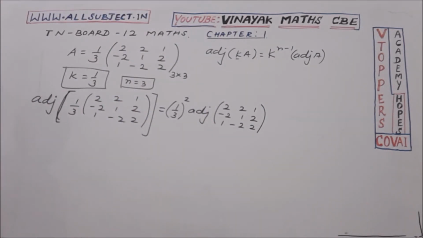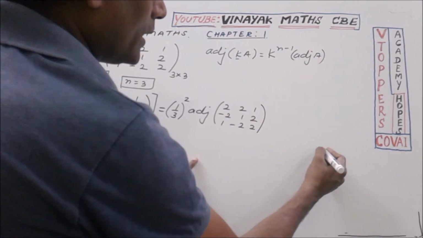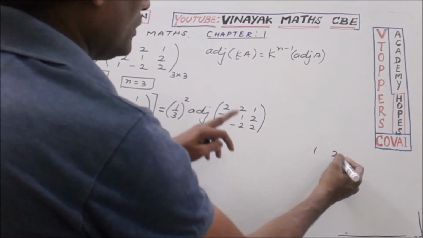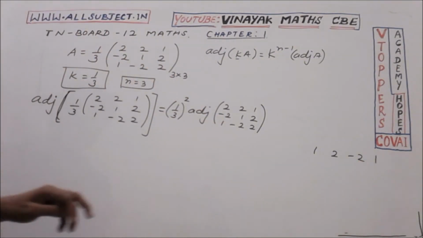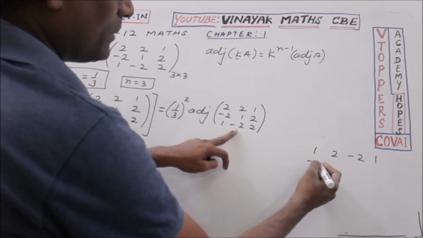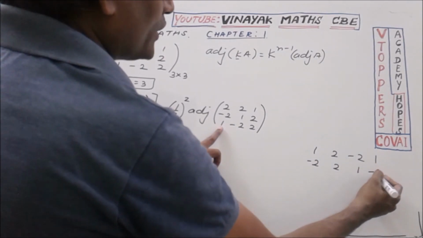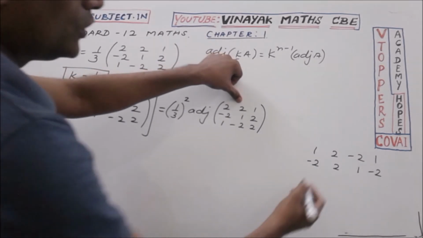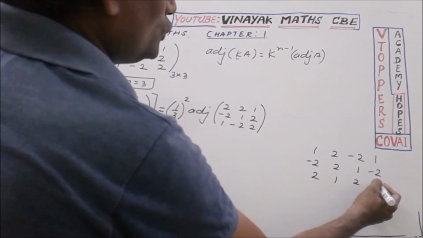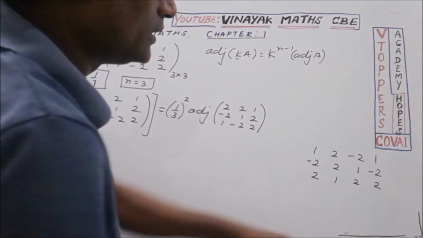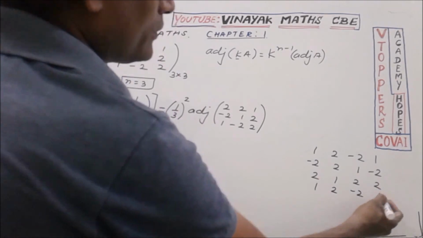Now we can move to the alternate method here. Take this one, start with 1, and then 2, minus 2, then 1. Then move to the next row, start with minus 2, 2, then 1, again minus 2, and move to here, 2, 1, 2, 2, then write the first row at the end, 1, 2, minus 2, 1.